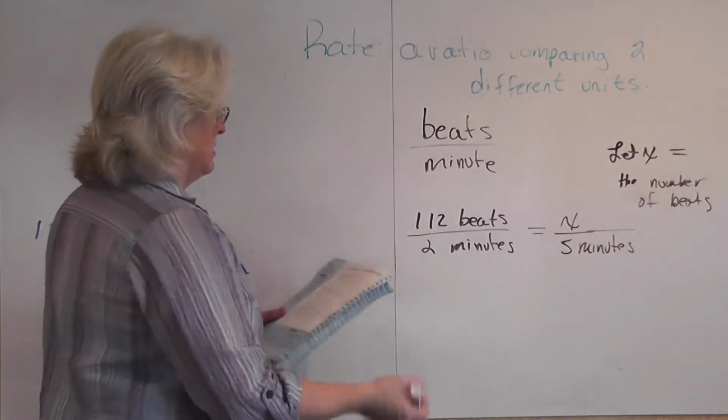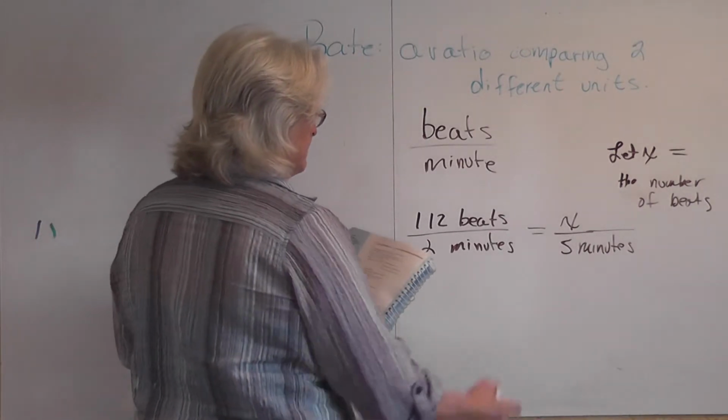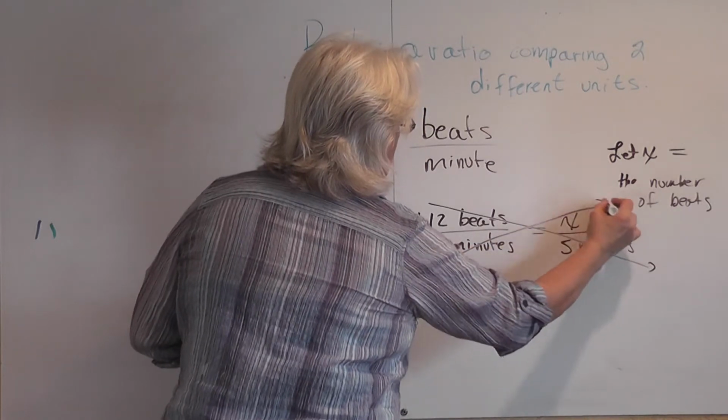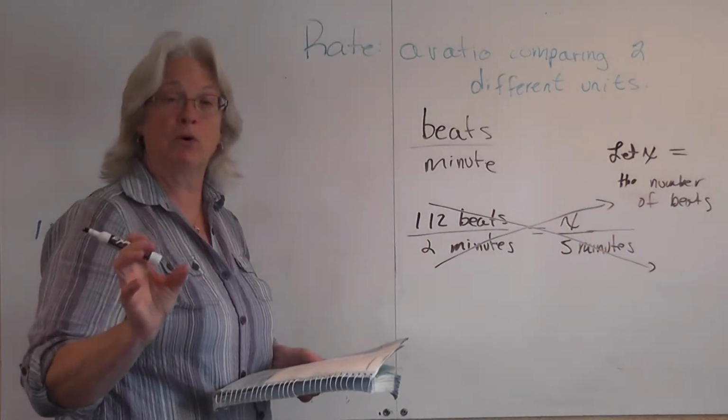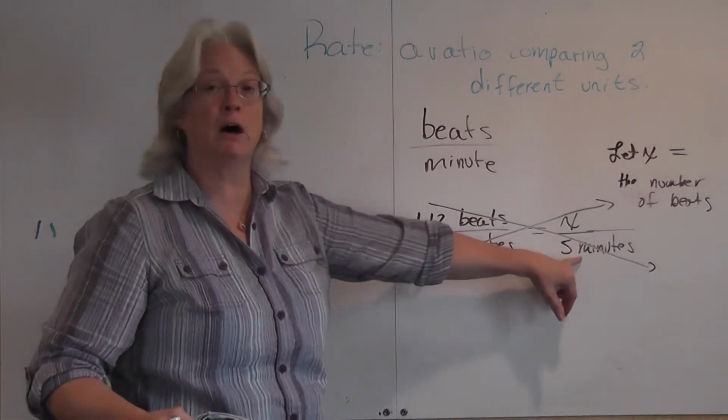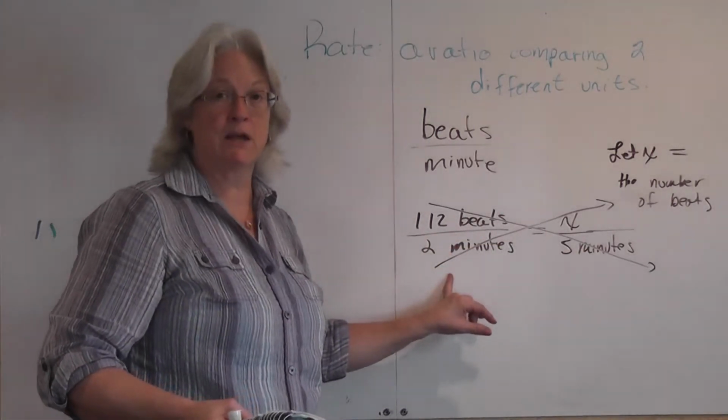We can cross multiply. We know that in a proportion our cross products are equal, so we're going to have 112 times 5 is equal to 2 times x.